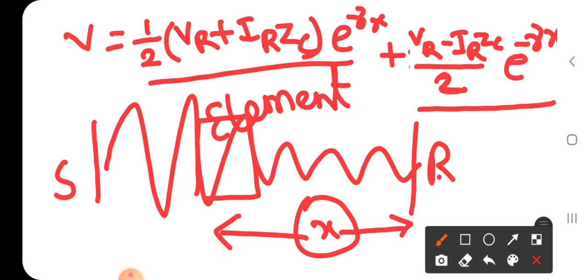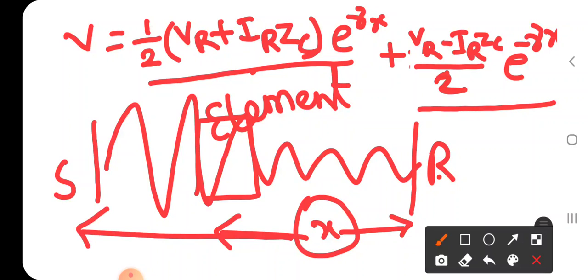This is incident. If you increase the x value, which of these two components increases? You see, the first component increases. As x increases, it goes toward the sending end.